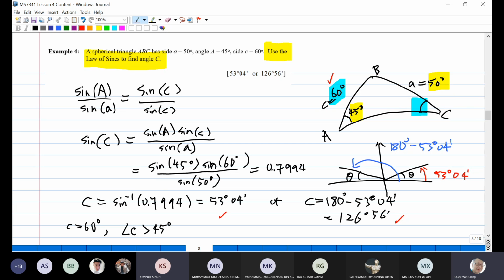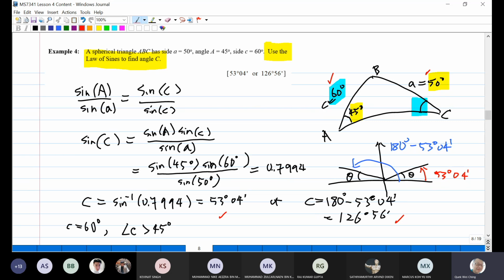Side A is 50 degrees. So 60 degrees is more than 50 degrees, right? So we know that the angle C must be more than 45 degrees.